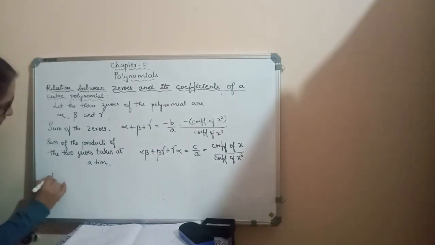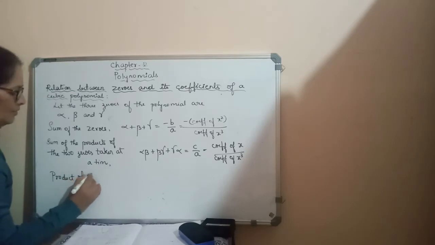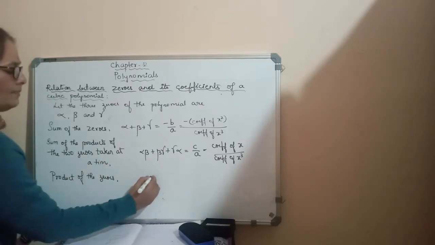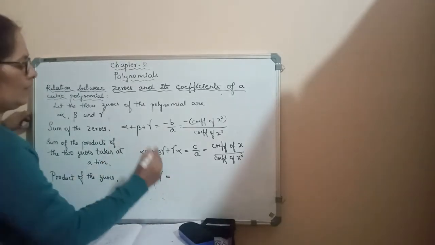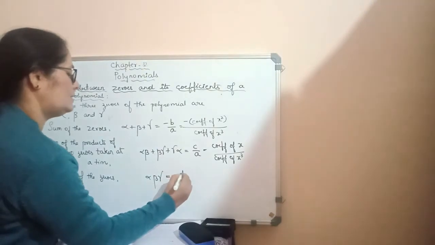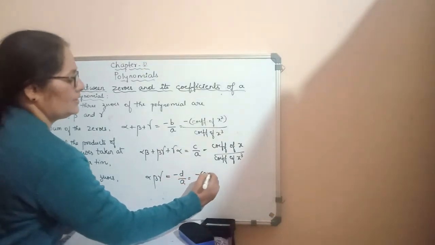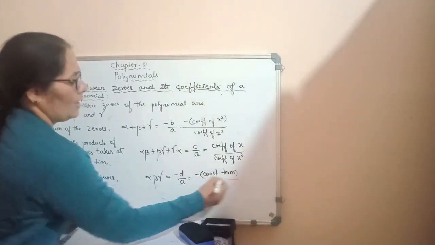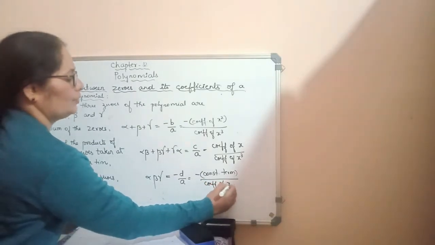Then the product of the zeros, that is alpha into beta into gamma, equals minus d by a, where d is the constant term and a is the coefficient of x cube.